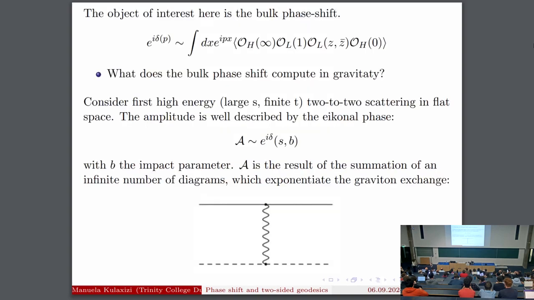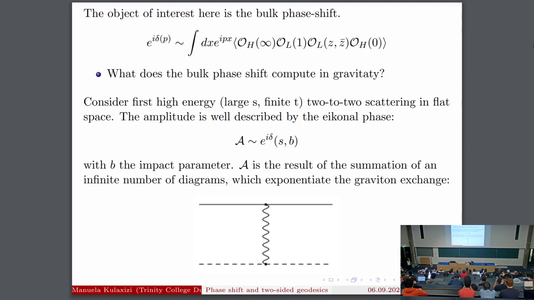And this effectively tells us that they will be very close to being at a light-like distance from one another. So the object of the correlation function, which I have schematically, unfortunately, written here, contains a spatial integral over what is called the impact parameter space, which is roughly a Fourier transform in one direction. And the point is that in this eikonal limit, this object in the CFT is given in a very simple form as an exponential of a given phase in momentum space, which is probably known from the scattering amplitude literature.